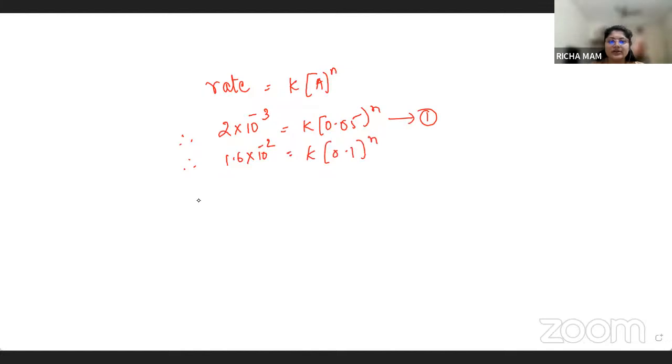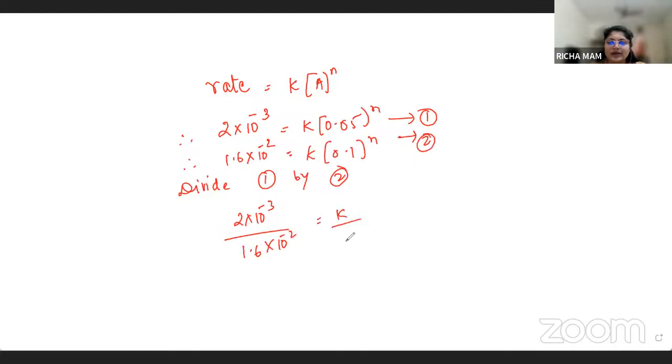Now we divided 1 by 2. So we got 2 into 10 raised to minus 3 divided by 1.6 into 10 raised to minus 2 equals k by k, 0.05 raised to n upon the concentration 0.1 raised to n.